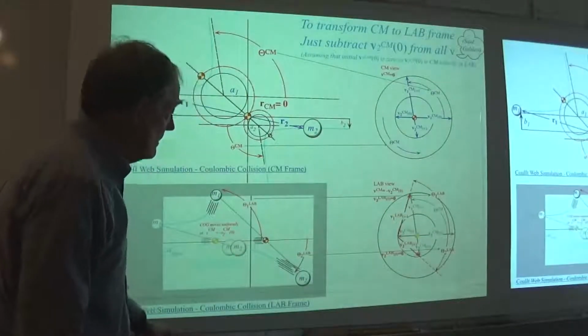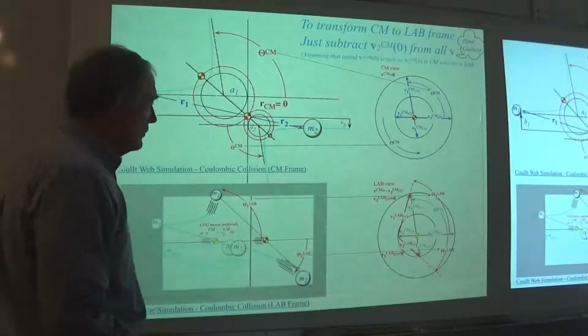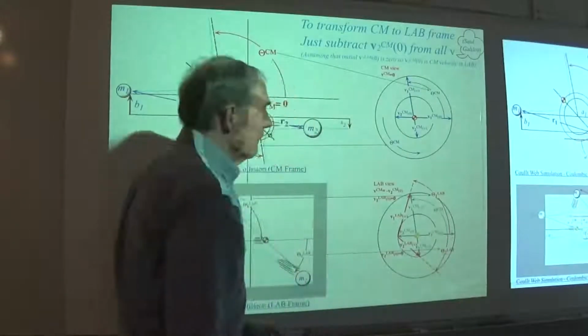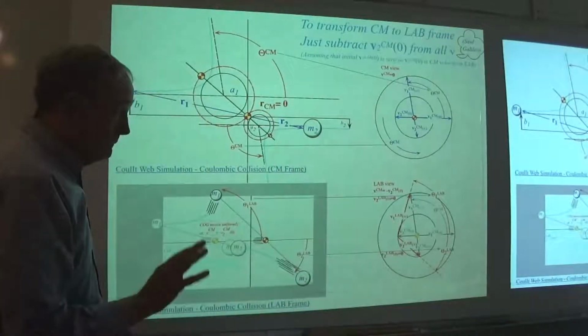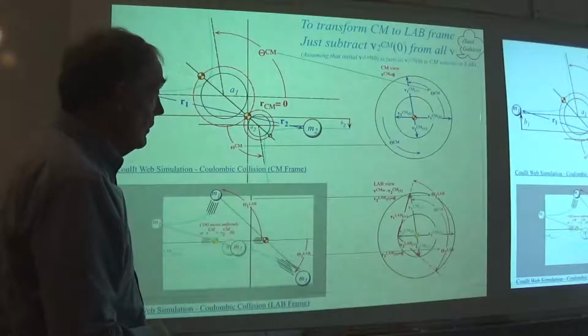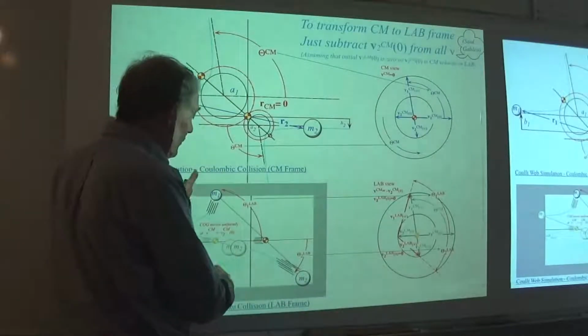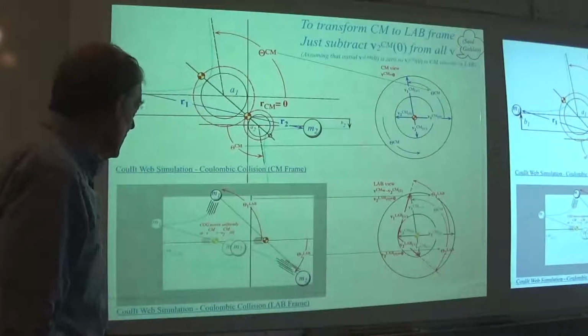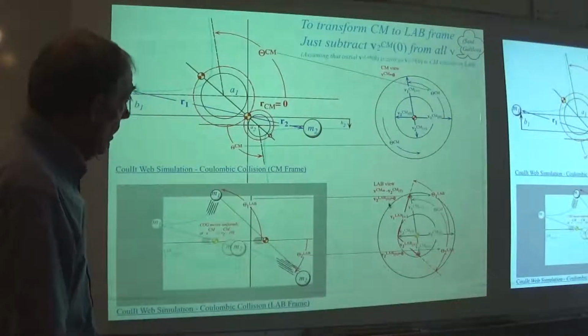All right? So that gives you the angles in the laboratory for number 1 and number 2. That it certainly does. But the actual trajectories and all of that, what's going on there? That's what we need to talk about.